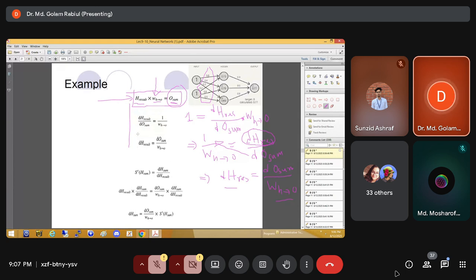So that's what is written: delta hidden results equals delta output sum by WHO. So consider that this is kind of equation number 1.